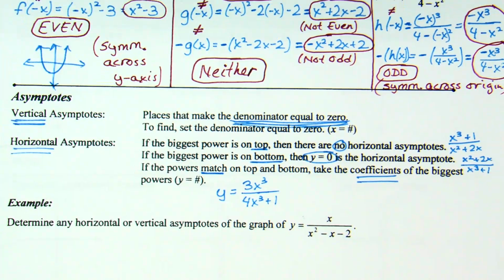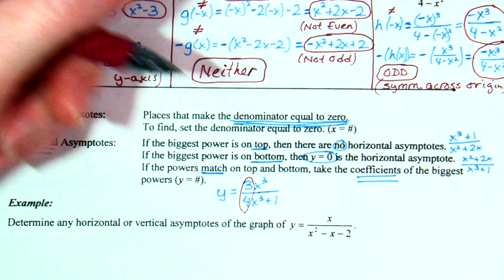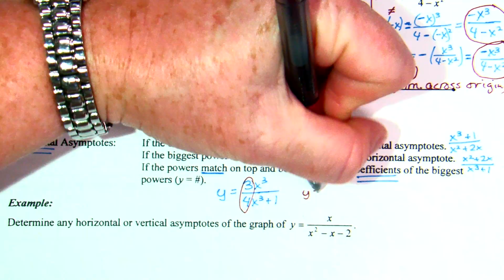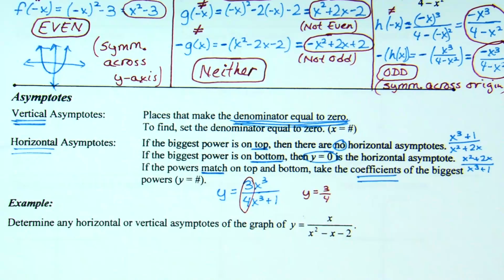So my biggest powers match. I have x to the third on top, x to the third on bottom. Take the coefficients. What do I mean coefficients? Yeah, the 3 and 4, the numbers in front of them. And so in that case, my asymptote would be y equals 3/4, which just is that horizontal line through 3/4.